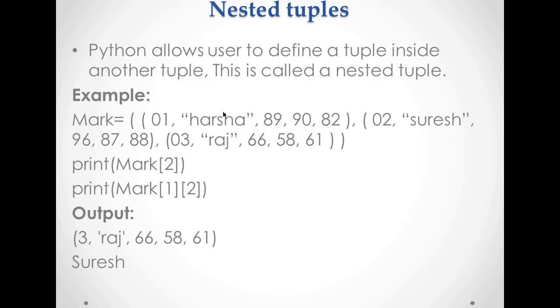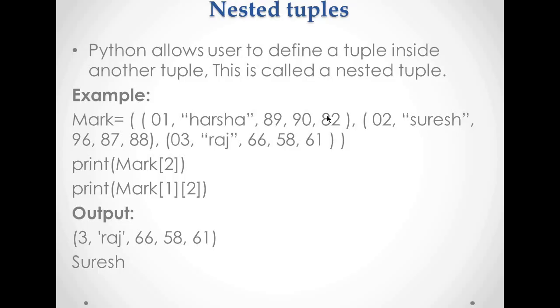So how can we give the index values? The first inner tuple as a whole is 0, the second inner tuple has the index 1, and the third inner tuple has the index 2. So the index value of the first inner tuple is 0, the second is 1, and the third is 2.